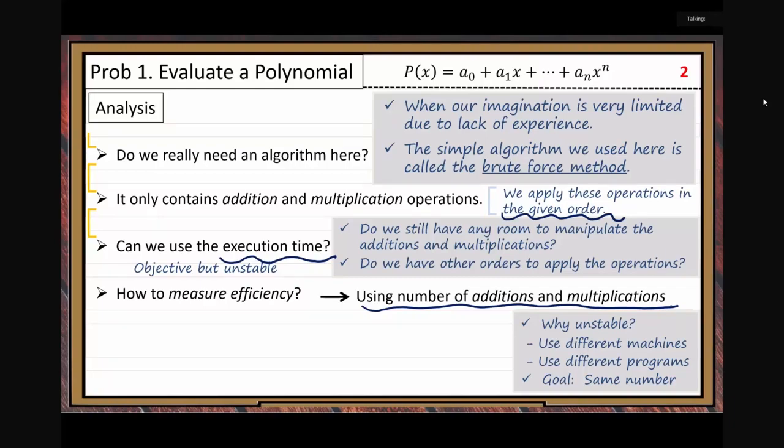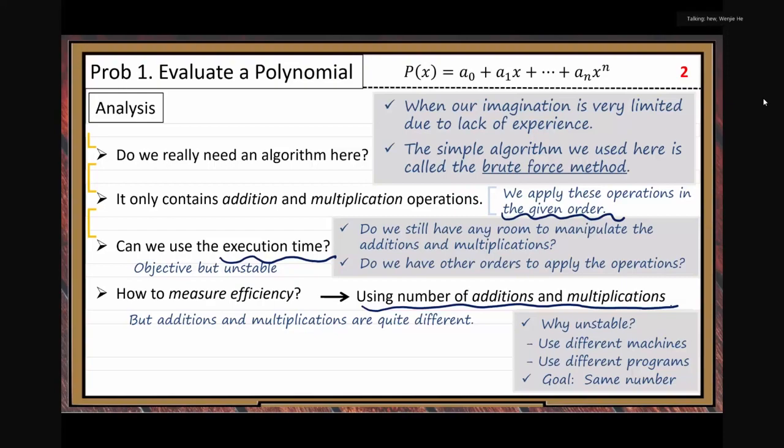But here is another problem: additions and multiplications have different execution times. We know addition is faster than multiplication. Multiplication is much slower than addition. So the question is how do we equalize them?